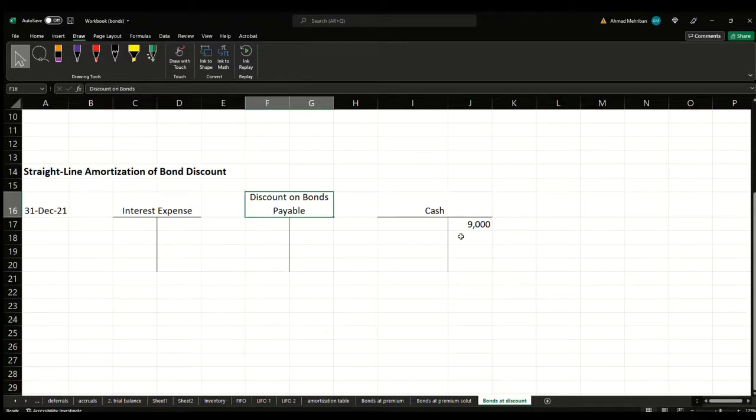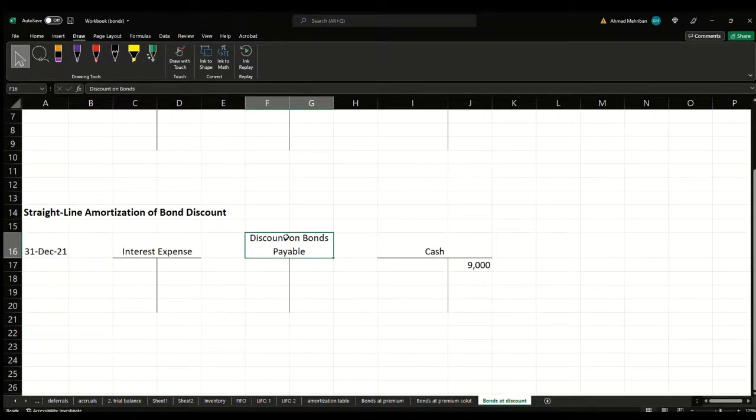The interest expense in this case, or the amortization, is going to be, by the way, I didn't do it.